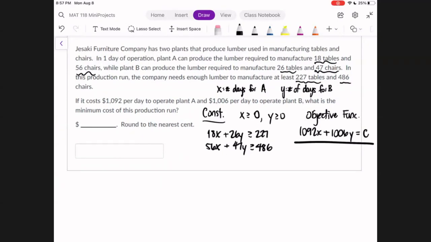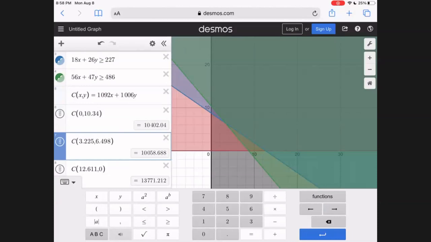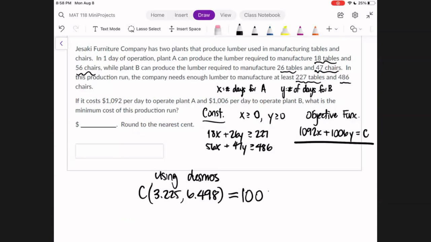Using Desmos, the cost at 3.225 for X and 6.498 for Y gave us 10,058 and 69 cents. So that is the minimum cost that we have here.